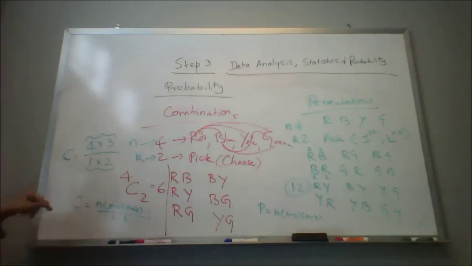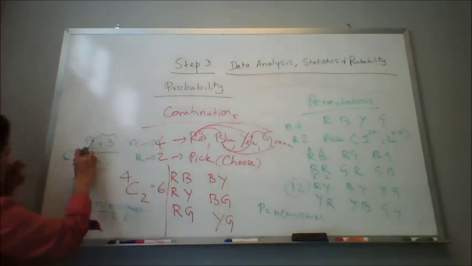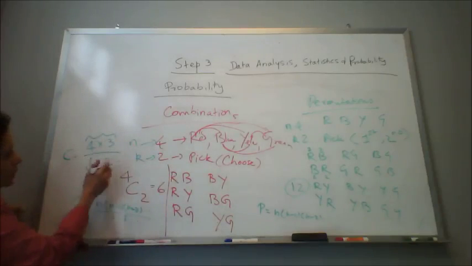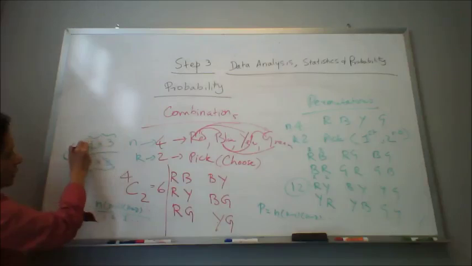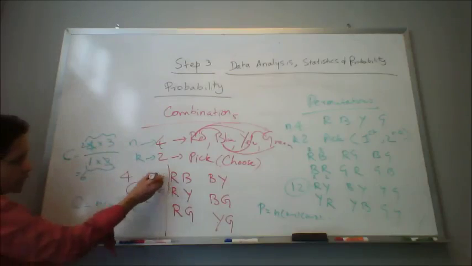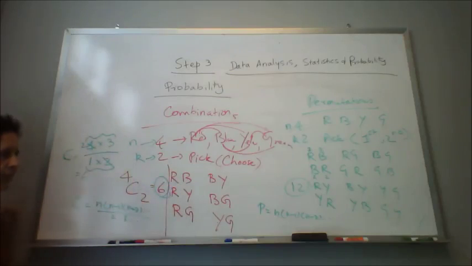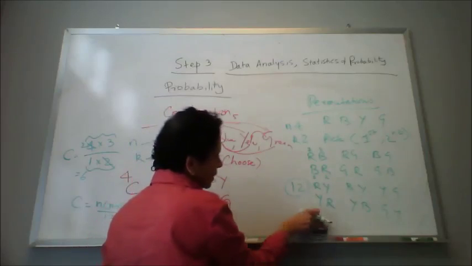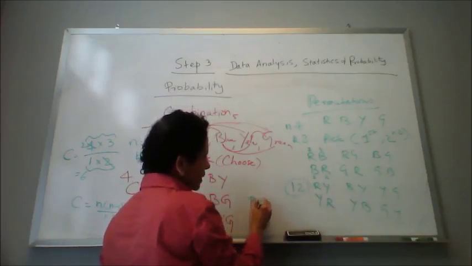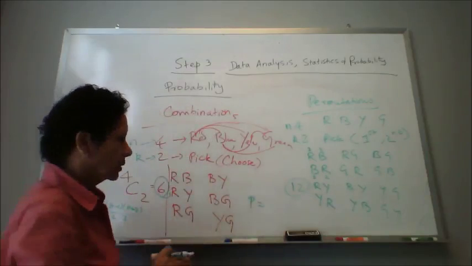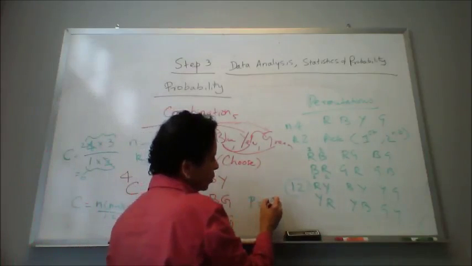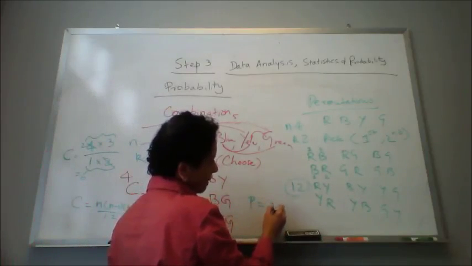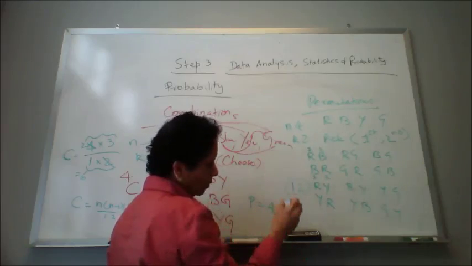Now you can see that in this case it's 4 times 3 on the top, and 1 times 2 on the bottom, so the 2 goes 2 times, and 2 times 3 is 6, and that's exactly what we got before. Similarly for the permutation, you just need to do only the top. There's no bottom. On the top you do n, that is 4, times 3, going down by 1.